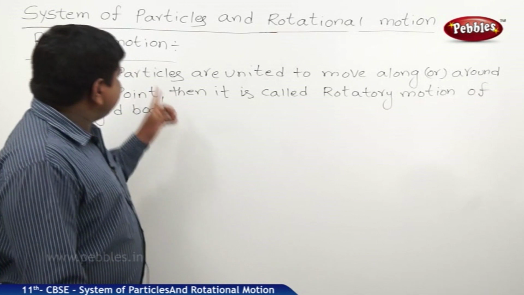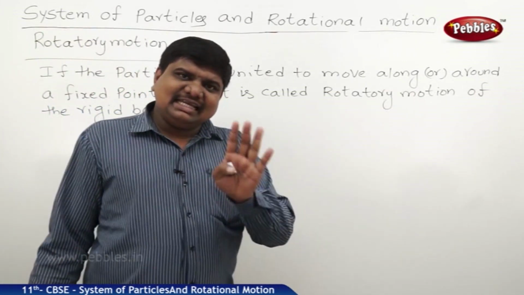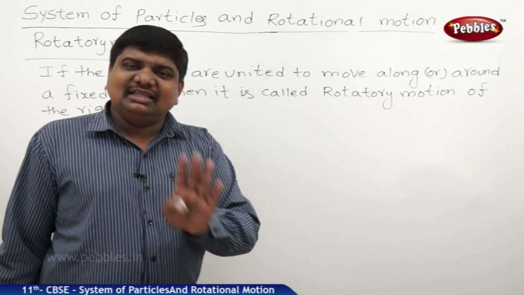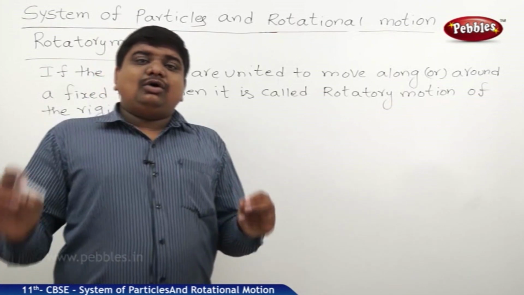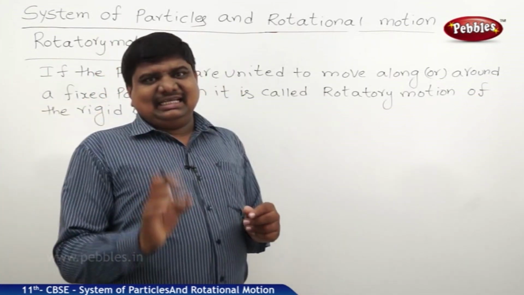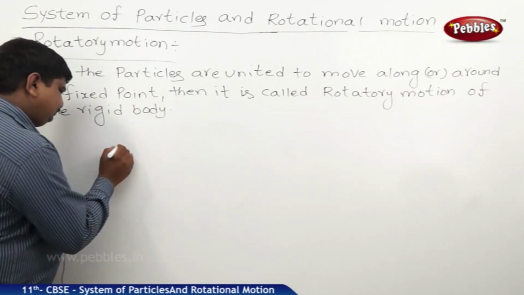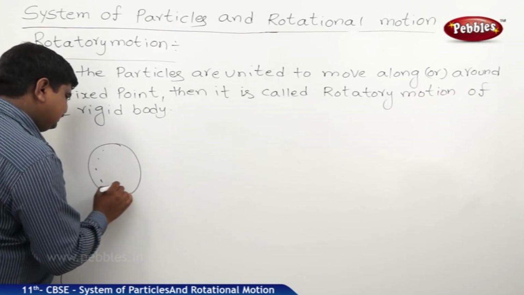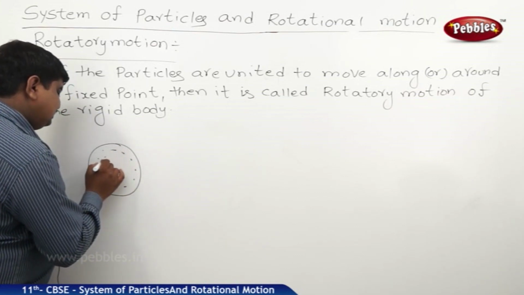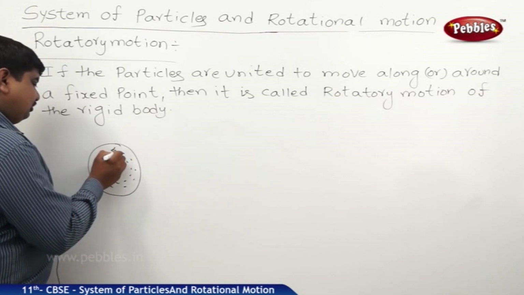These rigid bodies will execute the rotatory motion, means the particles or the point masses in the rigid body will all move around a fixed point. The locus of all these point masses is called the axis of rotation, like this. All are united. Suppose this is the direction of rotation, let me draw the arrow marks.